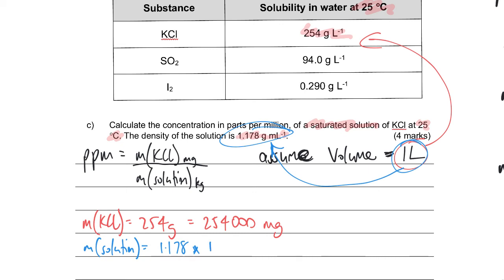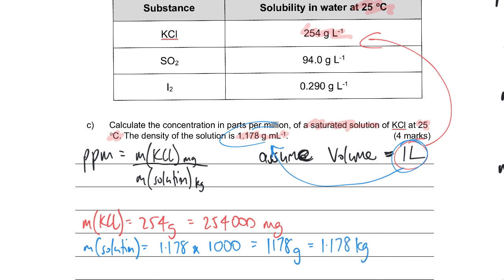Should I put 1 liter or should I put 1,000? You have to look at the unit given in the density and make sure that they match. It's in mL, so I have to convert the 1 liter into mL, which is 1,000. So this is 1.17 times 1,000, and the unit is going to be grams, which then brings us to 1.17 kilograms.